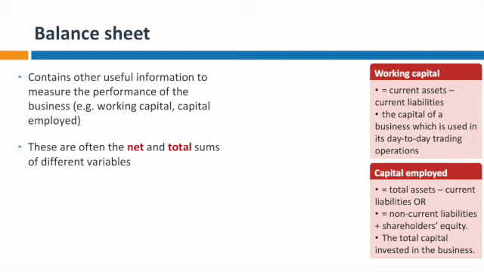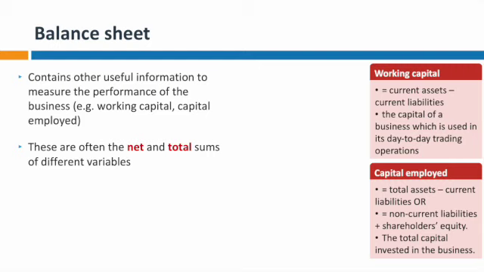So total assets, everything that I own, minus the short-term debts. Or it can be calculated as long-term liabilities, non-current liabilities, plus shareholders' equity. It shows us how much capital is working for us to finance the business in the long term.